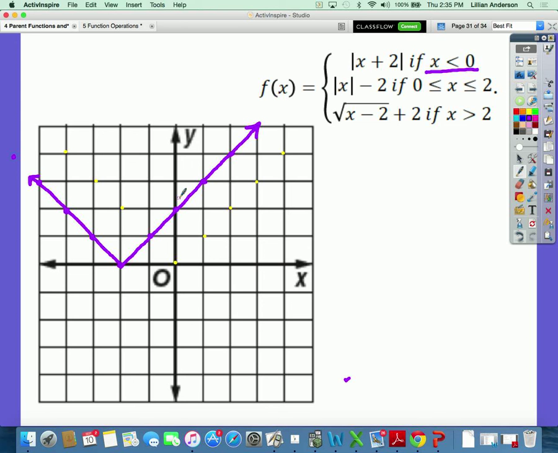The left. I want everything to the left of x equals 0. So I'm going to go back and erase what I don't need. And why do I need an open circle? Because it's not included. And there's that piece of your piecewise function.